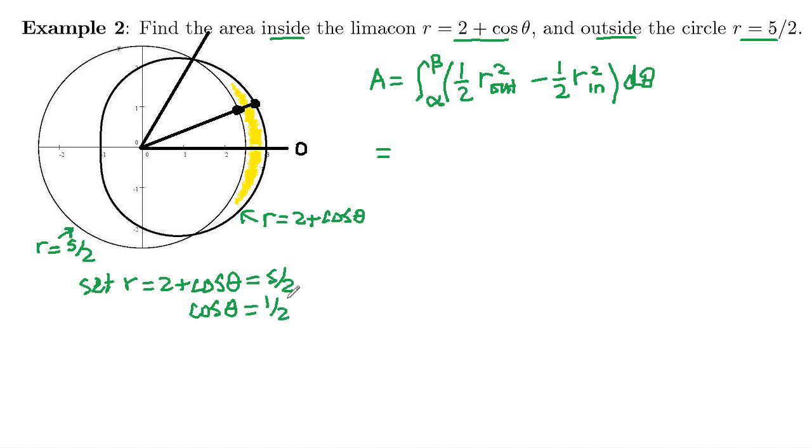And then cosine is 1/2 on the unit circle at pi/3 and negative pi/3. So this angle is pi/3.